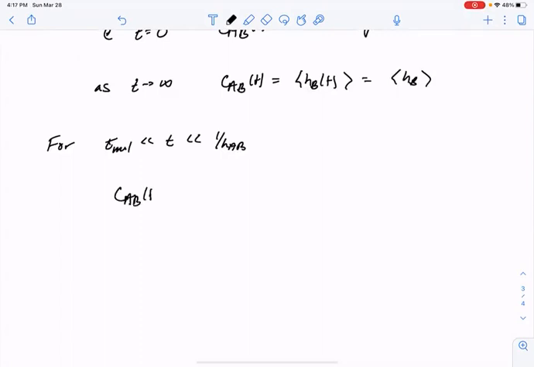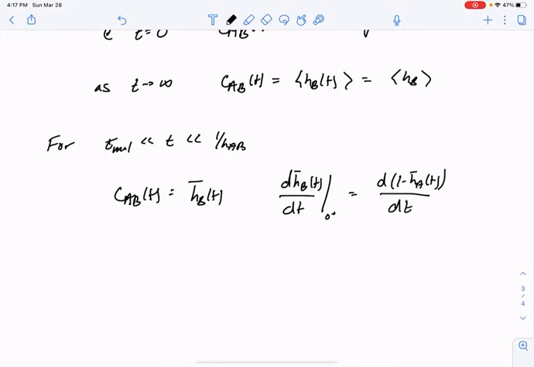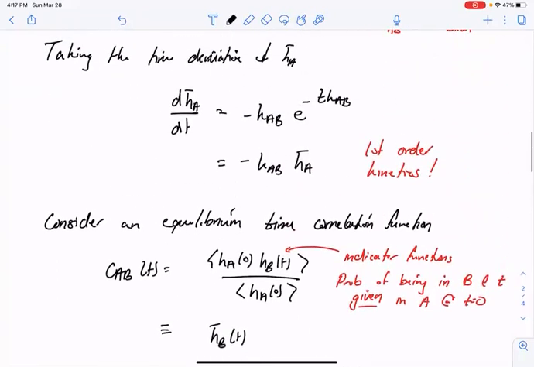Indeed, since CAB is HB bar at t, taking the derivative of HB bar at t and evaluating this at 0 plus, so some time much less than 1 over KAB, but on the order of tau mole, given the complementary structure of HA and HB, that is the same as taking the time derivative of 1 minus HA bar at t, for which we worked out its time derivative here, evaluated at time equal to 0.